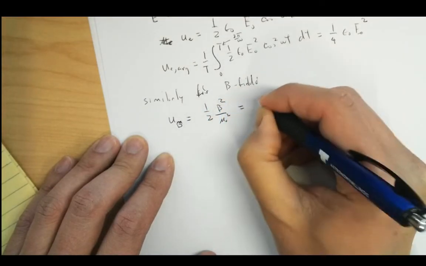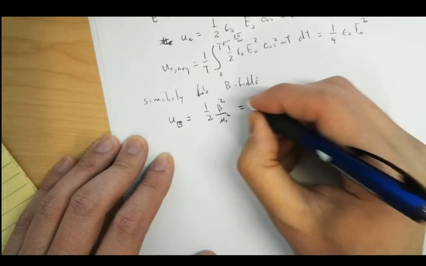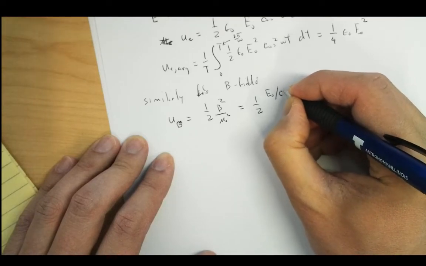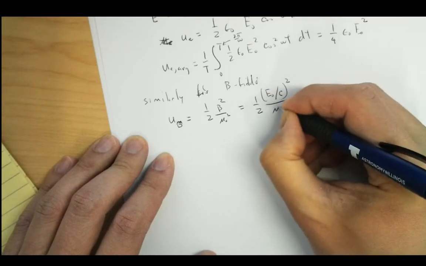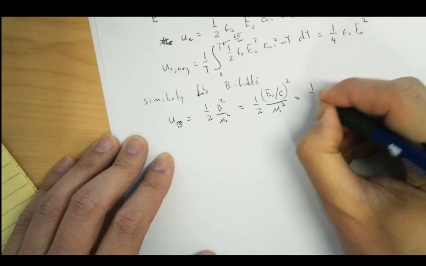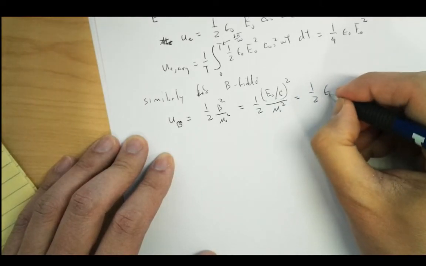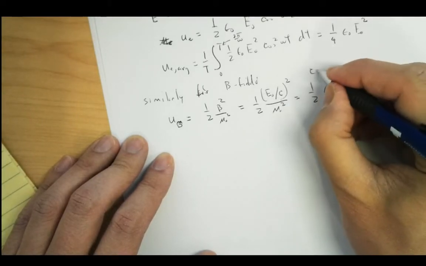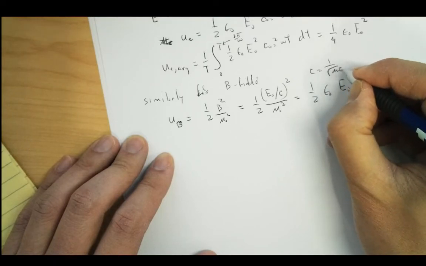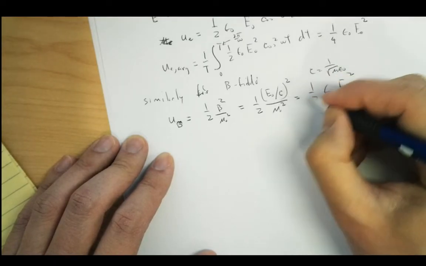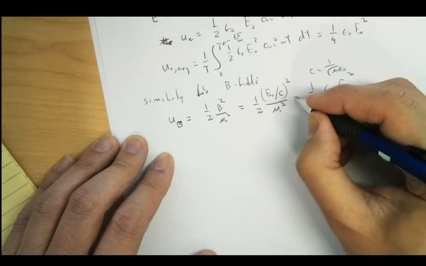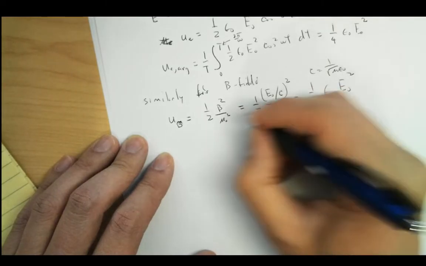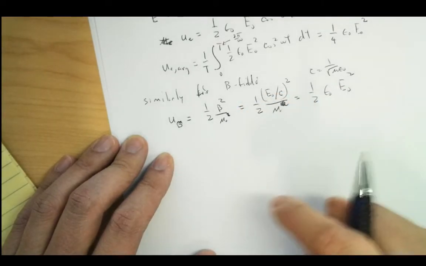It turns out the magnitude of B is just E0 over c, so this entire thing squared over mu. That turns out to be 1/2 epsilon 0 E0 squared, because c is equal to 1 over the square root of mu 0 epsilon 0, and the 1 over that brings a mu 0 epsilon 0 on top, and so you end up getting something like this. Let me make sure that's right. This is not mu squared, it's just a mu, and then that works out.